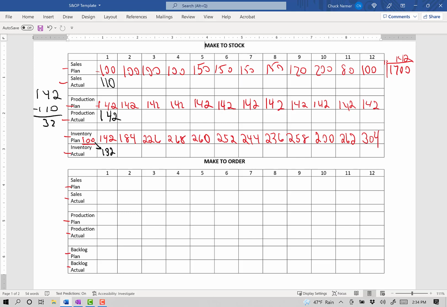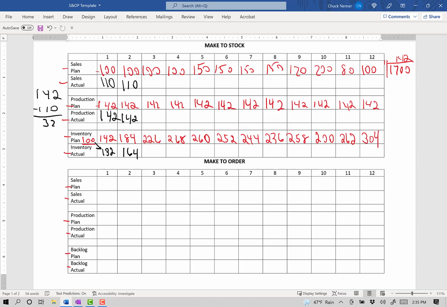Now that may cause us to change the sales plan down the road, or it may not. Same thing then, the production plan and the inventory plan may change accordingly with what happens on the sales plan. But let's assume in period 2 we sell another 110, we build another 142, then we're only up to 164.